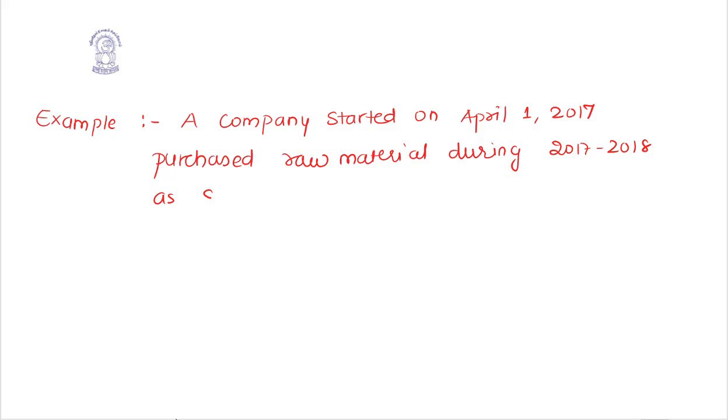Let us write an example. A company started on April 1st, 2017, purchased raw materials during 2017 and 2018 as stated below.